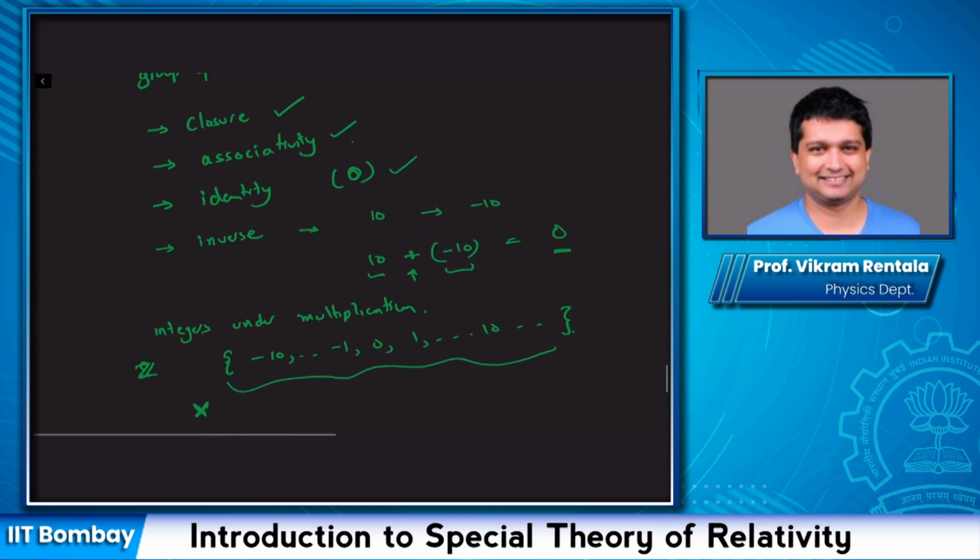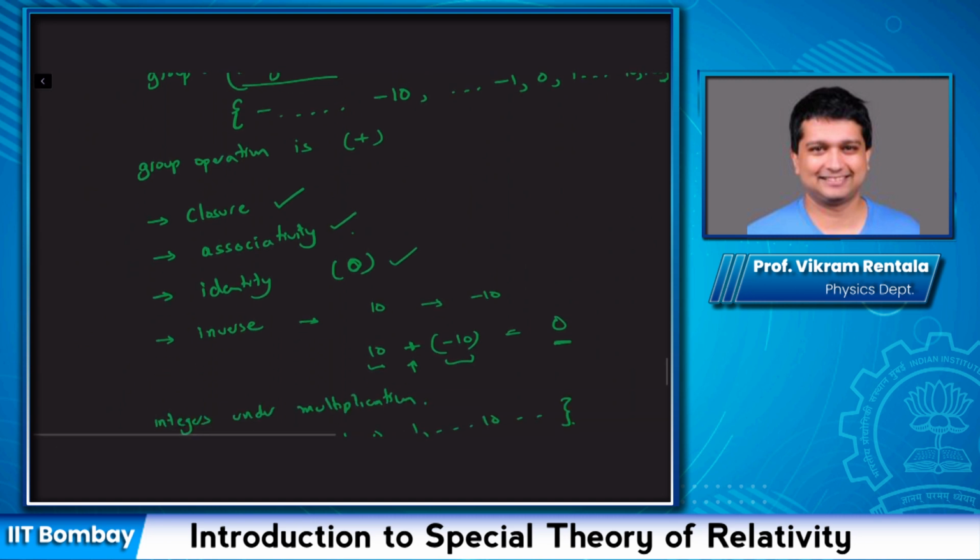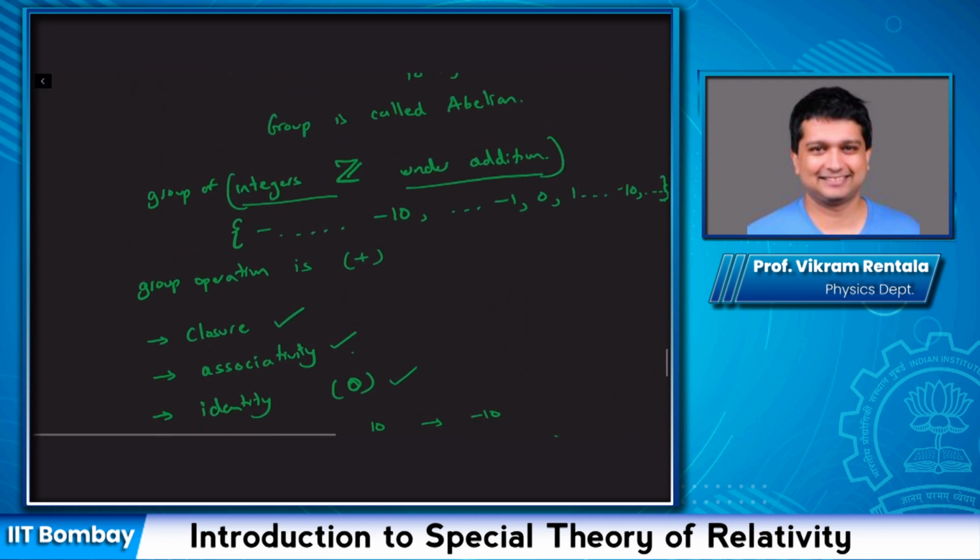So therefore integers under multiplication do not form a group. The other thing that you'll see is integers under addition form a group, and not only do they form a group, this group also has an additional property, which is commutativity. That is, the ordering of the addition operation doesn't matter. A plus b is the same as b plus a. So this group is also an abelian group.